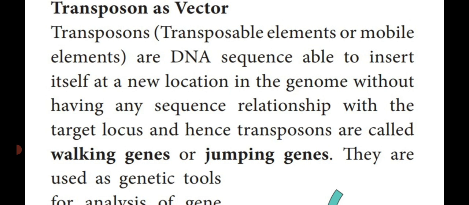They have a special DNA sequence which can insert itself into a new location in the genome of the host organism without any sequence relationship in the target locus gene. So these vectors are known as jumping or walking genes.